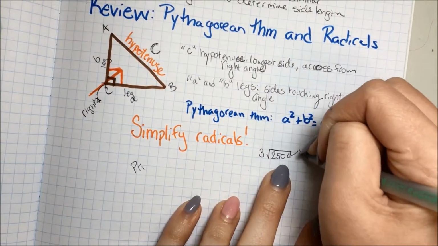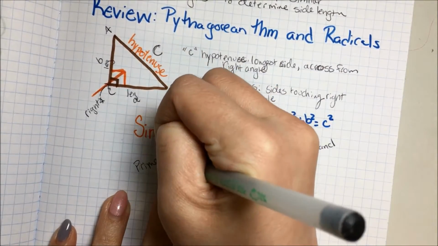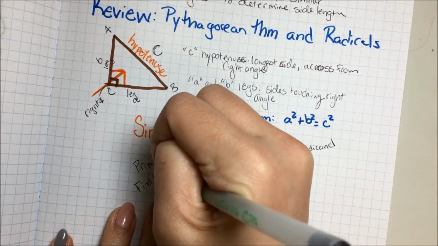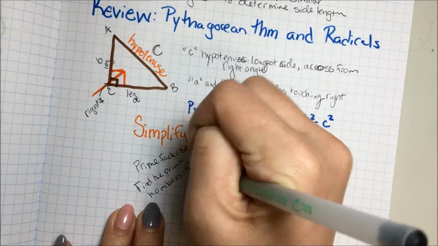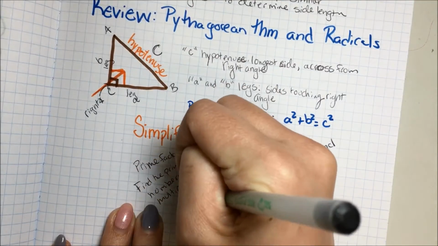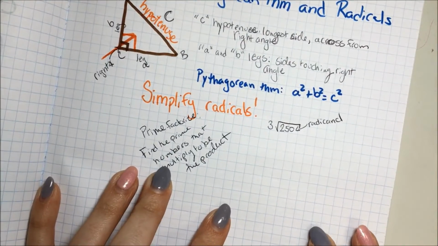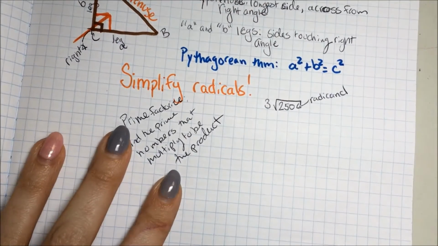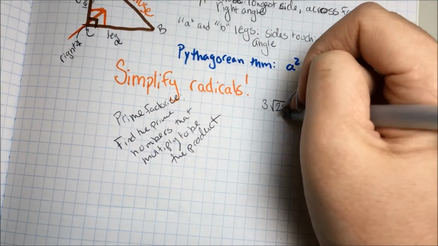That's the number underneath. When we're prime factorizing, we're finding the prime numbers that multiply to be the product. So I want to find the prime numbers that multiply to be 250.